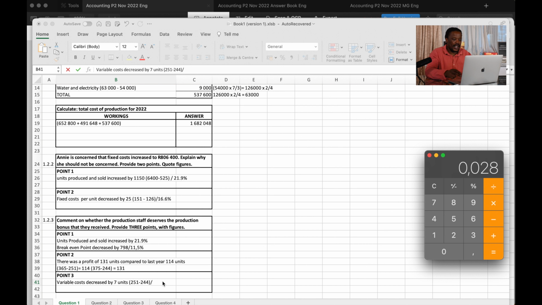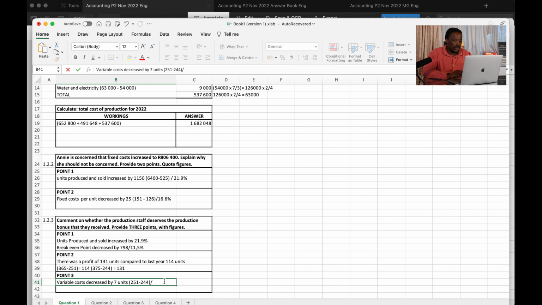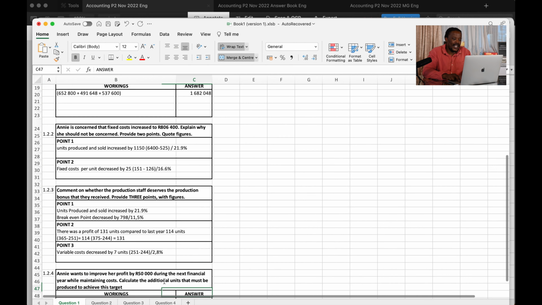And that is basically how you do these things. And that is basically how the examiners expect your answer. They are expecting your suggested solution to be in this nature.